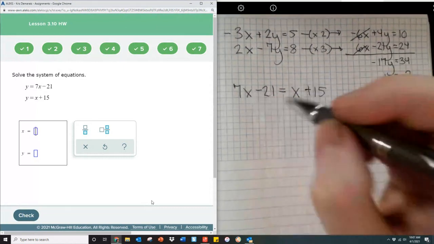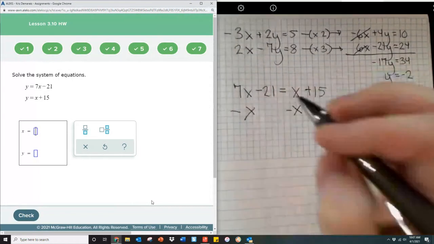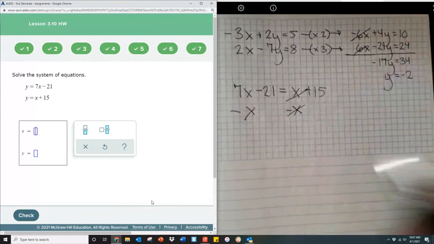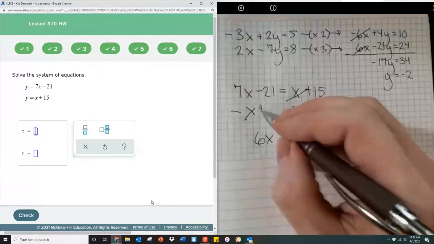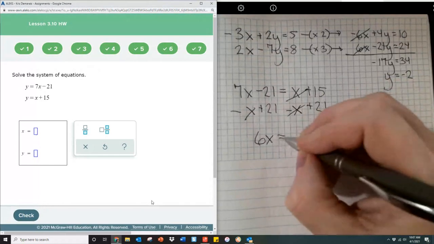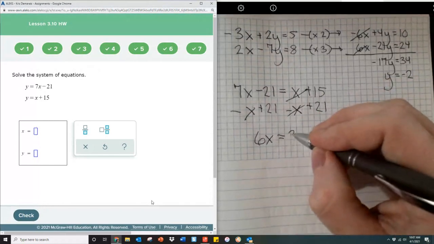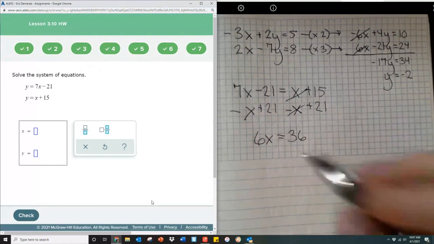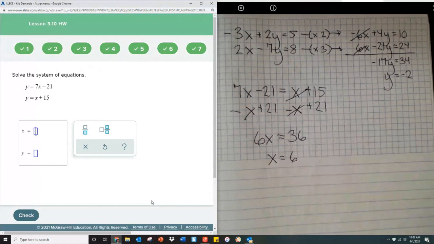So I look at this and I think, okay, this is the game. I'm going to subtract x from both sides. Boom! It eliminates the x's on this side. Make it however fun in your mind, but it all depends on attitude. That's why I teach the growth mindset. It's all about attitude. Here we have 36, and then I'm going to get x equals 6 because we know how to divide.